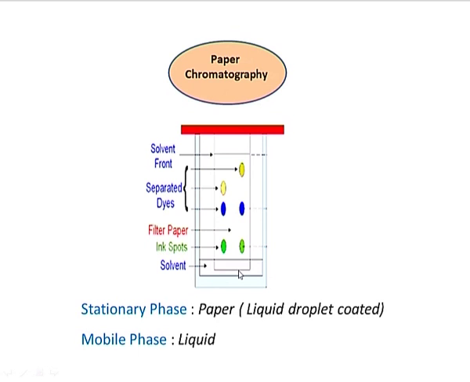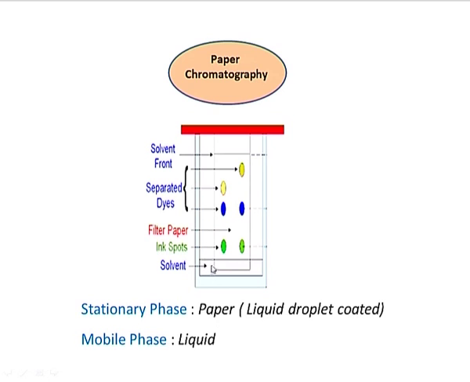All right. So, it is spotted onto the paper, and that paper is dipped inside a closed chamber, and that chamber is saturated with a mobile phase. Now, the paper strip should be dipped only so far that just the tip of the paper is in the mobile phase.